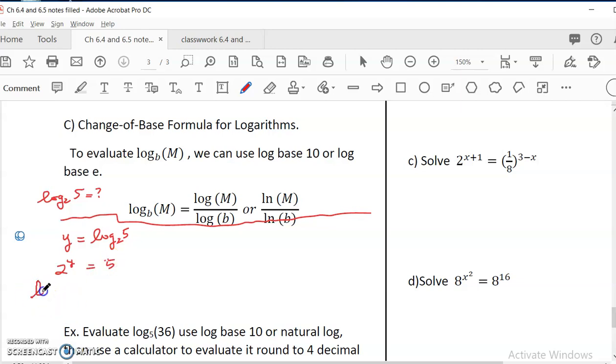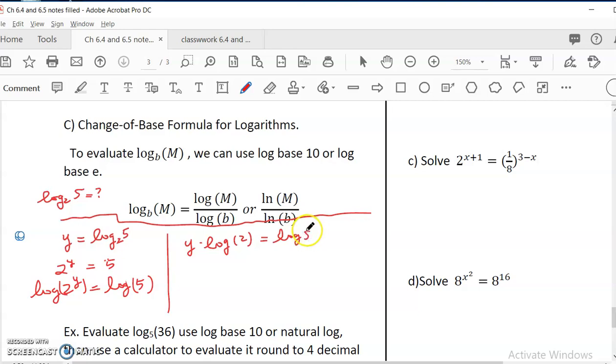Now I'm going to do log base 10 of 2 to the y, and it should equal log base 10 of 5. Basically, you are just adding a log on both sides, right? Once you see that this is 2 to the y, this y can move outside, so my y moves outside as y times log 2, by log property. Your 2 is inside, and you have log 5 here.